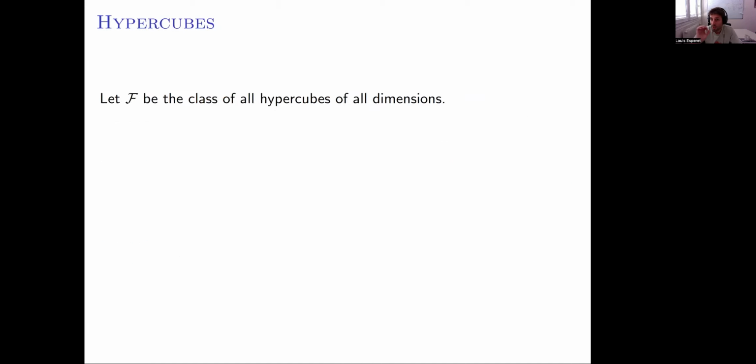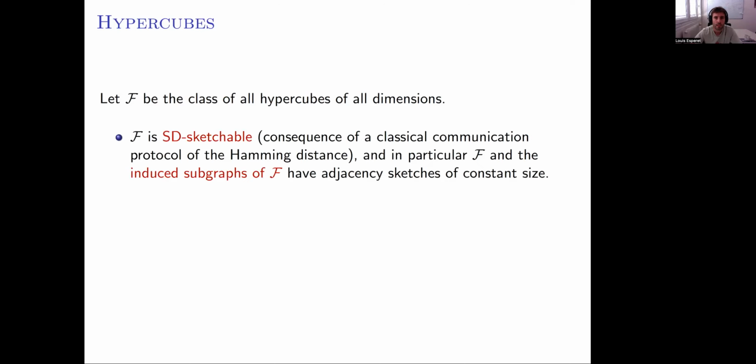Let me just show you one example of a class that has such sketches first. So let's take all hypercubes. The fact that this class is small distance sketchable is just a consequence of a very classic protocol for computing the Hamming distance, a two-way communication protocol for the Hamming distance. And in particular, it implies that sketching the adjacency in hypercubes, you can do that with constant size sketches.